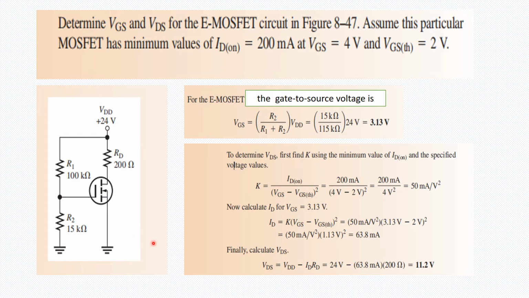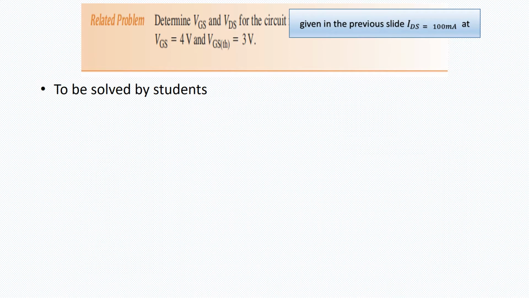The drain current you have already calculated in the previous step, and the drain resistance is 200 ohms. After substituting all these values, you get 11.2 volts. So here you finish the DC analysis of the given circuit using E-MOSFET. A similar problem can be practiced by the students.